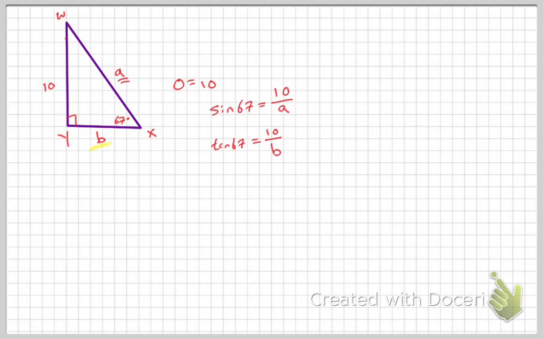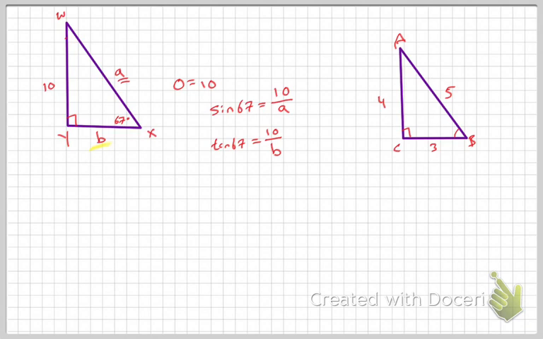Now, one more thing I'm going to show you before this video ends is what if we know the side lengths and we're trying to find the angles. Okay, so let's say I have A, B, C, and then I have 3, 4, and 5.